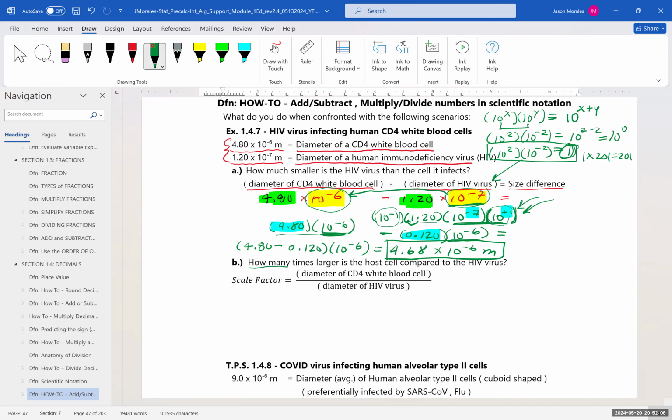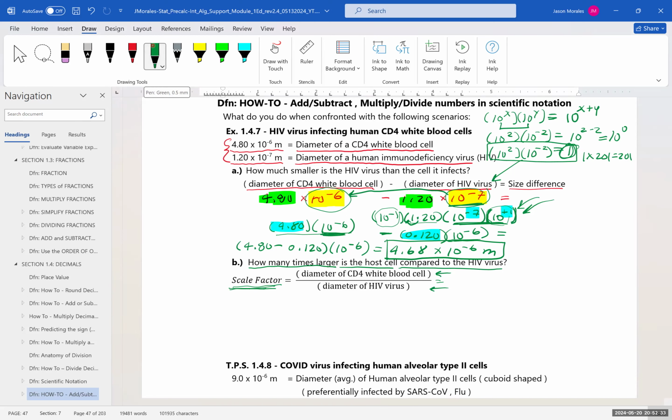So let's look at this other kind of sensible question here. Part B. How many times larger is the host cell compared to the HIV virus? To figure out how many times bigger the white blood cell is than the virus, what we're doing is calculating a scale factor. And a scale factor is a ratio between the size of the white blood cell versus the size of the virus.